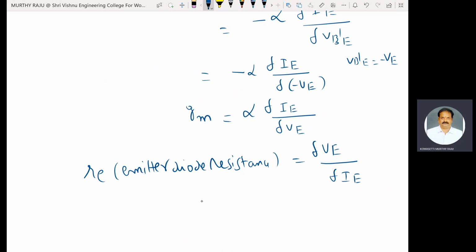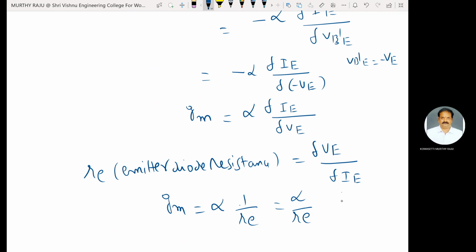Substituting this in the above equation, gm is equal to alpha into dou IE by dou VE, which is 1 by RE, that is alpha by RE.